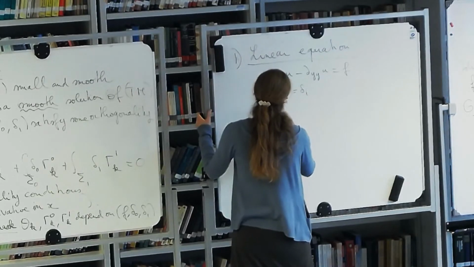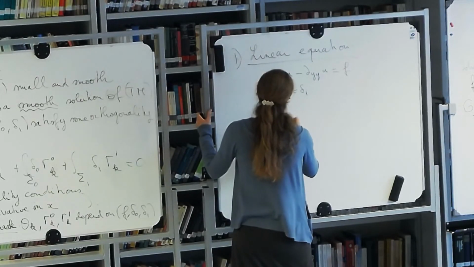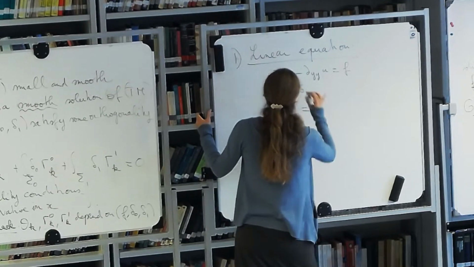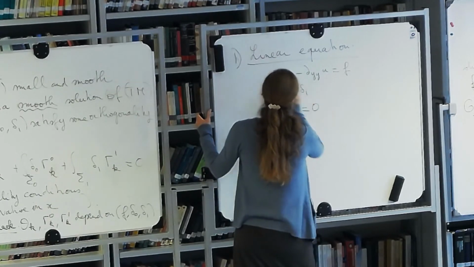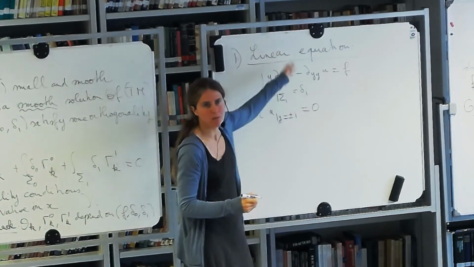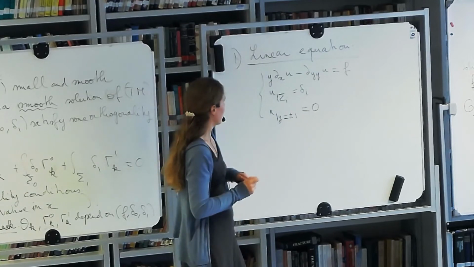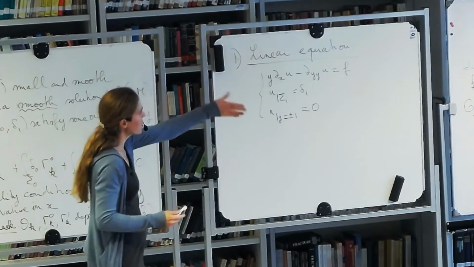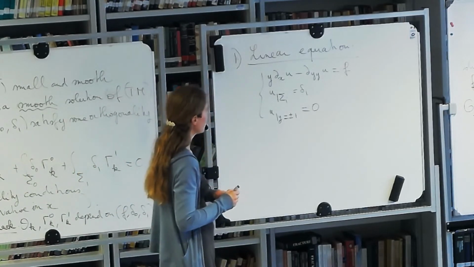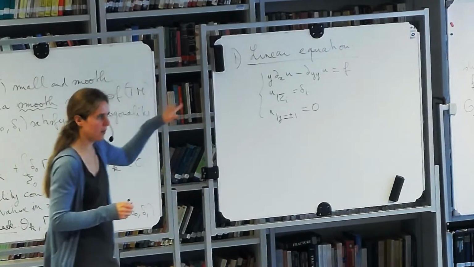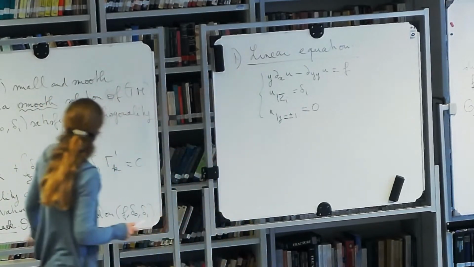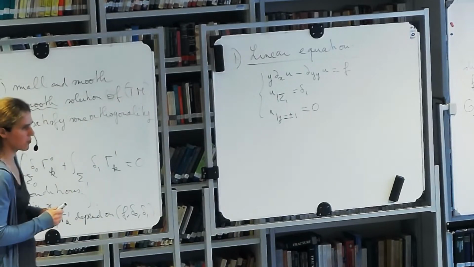And I'm taking some homogeneous data. So u for y equals plus and minus 1 equals, okay, so I can always put 0 because it's just a matter of lifting. I can put plus and minus 1, but then I just lift. Okay, since I'm looking at a perturbation of y, this is enough. Okay, so this is typically the linear equation that I want to look at in this first step, just to explain where these orthogonality conditions come from.